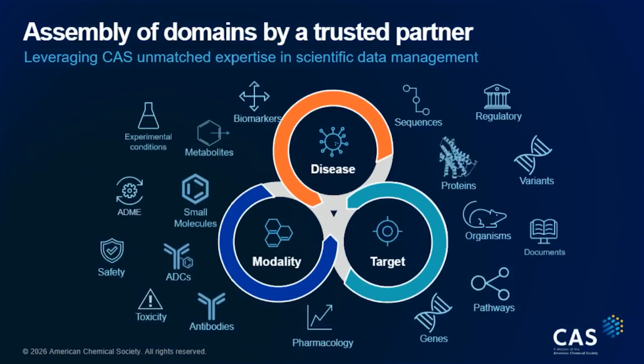By bringing all these data together, we can bridge the gaps between disease, target, and treatment modality. We have comprehensive information on small molecule ligands, antibodies, antibody drug conjugates, information on their physical properties, as well as pharmacology information on their interactions with their target proteins.